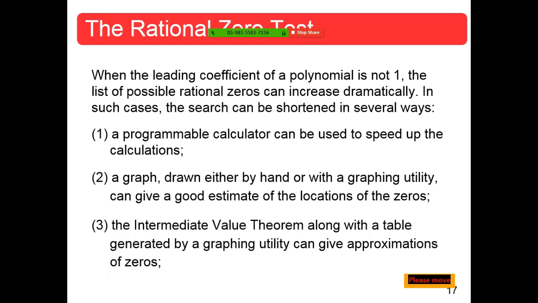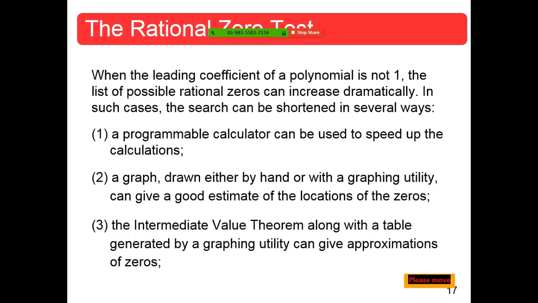In such cases, the search can be shortened in several ways. First, you can use a programmable calculator to speed up the calculations. A graph drawn either by hand or with a graphing utility can give a good estimate of the location of those zeros. And the intermediate value theorem, along with the table generated by your graphing utility, can give approximations of zeros.